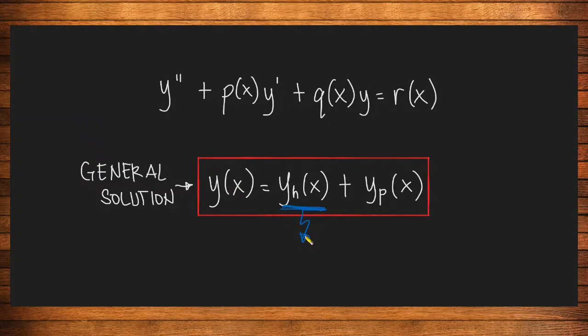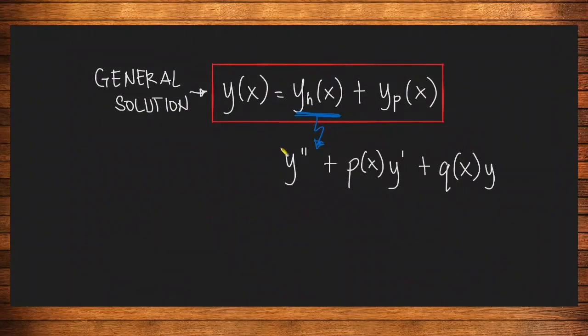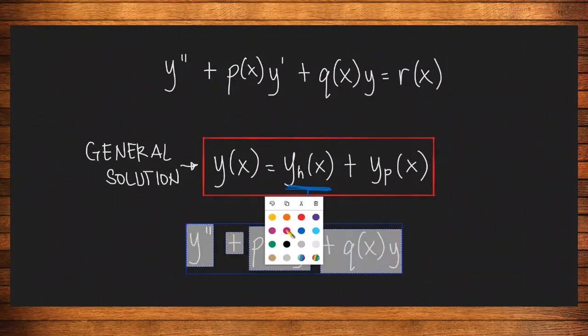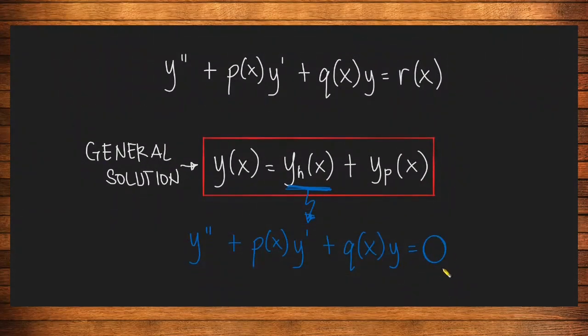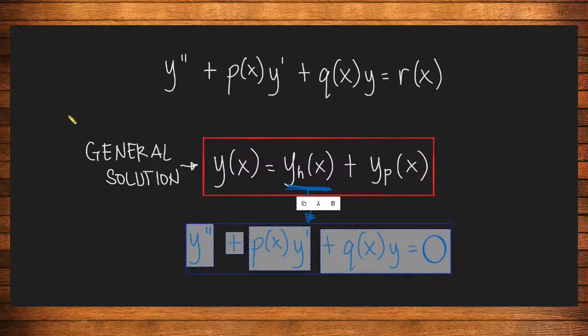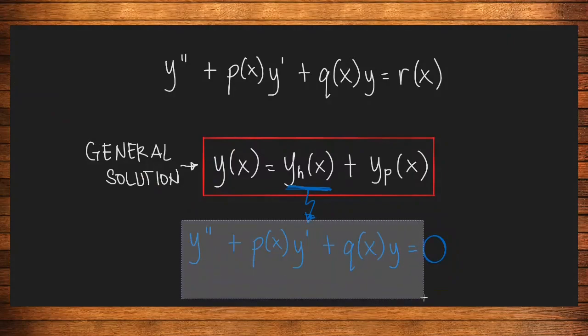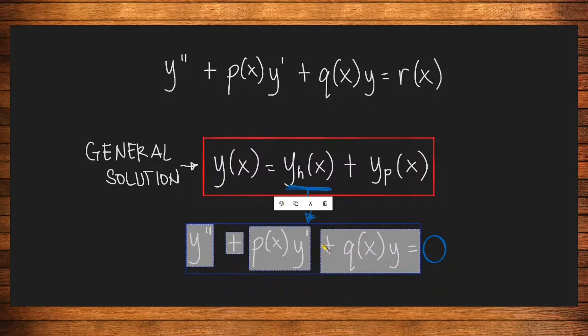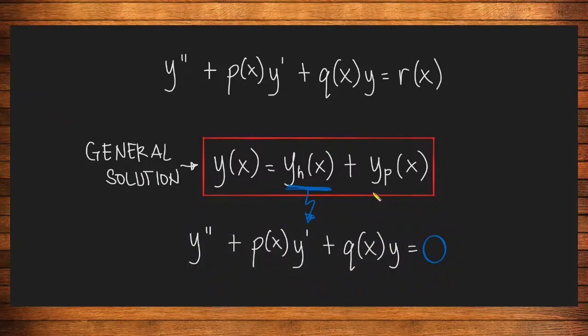So if we are given a non-homogeneous ODE, yung gagawin lang natin is we will simply equate this to 0. So magiging homogeneous na siya. Again, yung first term will be the general solution of this corresponding homogeneous linear ODE. So tandaan nyo lang, y sub h. So the h stands for homogeneous ODE.